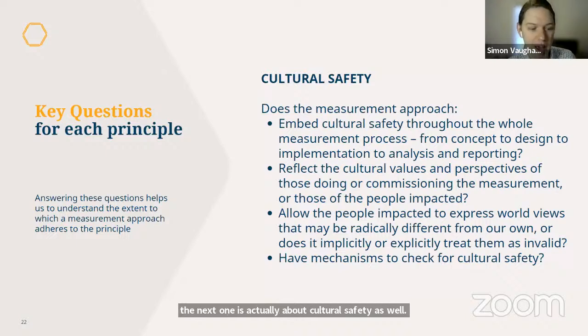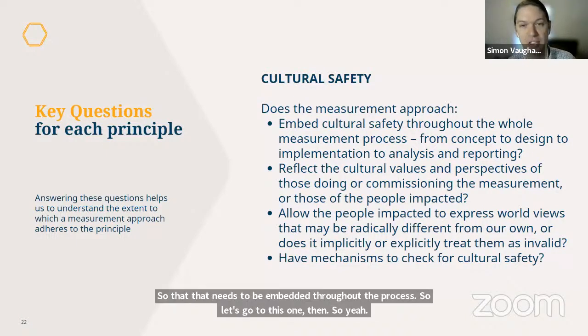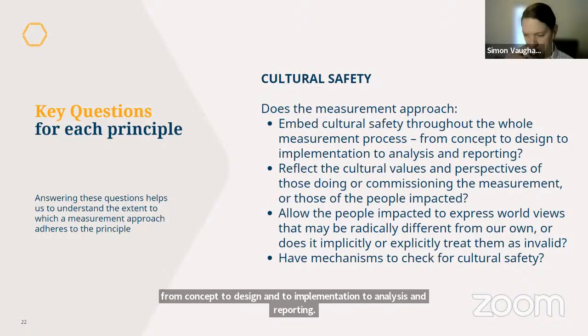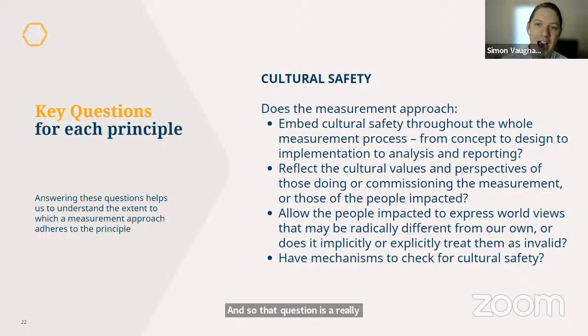So yeah, cultural safety is hugely important, and it builds off that last one about the lived experience piece. But it's about making sure that cultural safety is embedded throughout the whole measurement process, from concept to design, to implementation, to analysis and reporting. For us, a cultural safety lens is very holistic, and it involves every stage of the process.